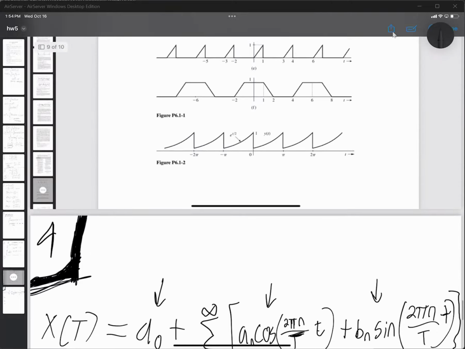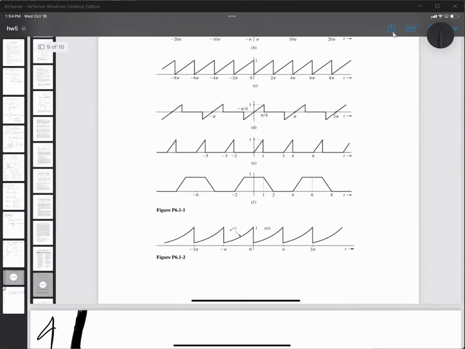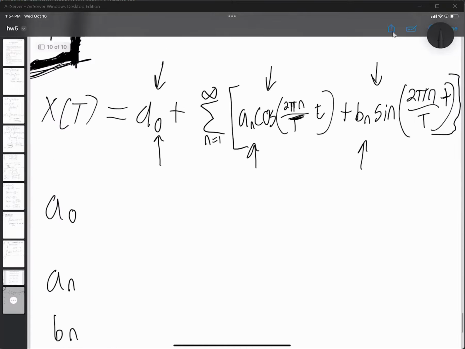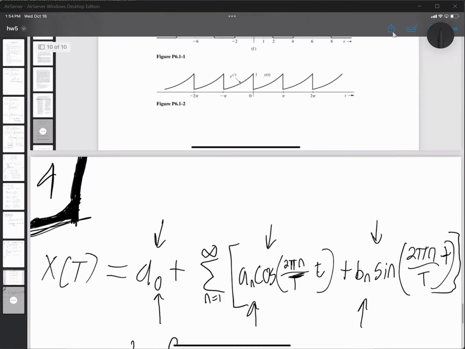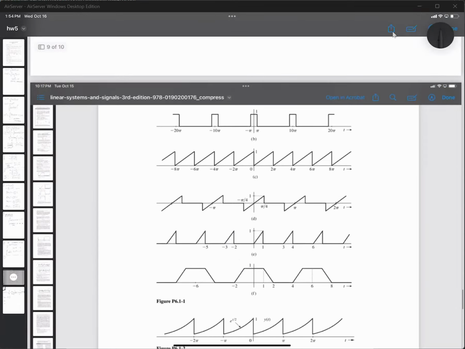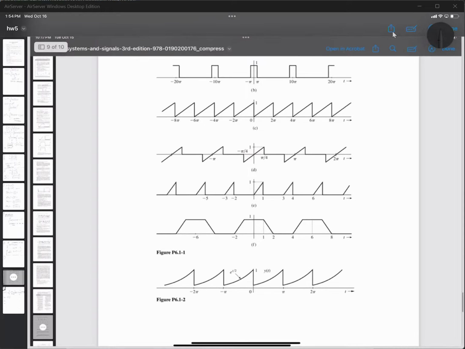What we're really solving for, like we do with power and energy for signals, is 1 over the period integrated over the whole period. If we look at E, these ramp functions go from 0 to 3.